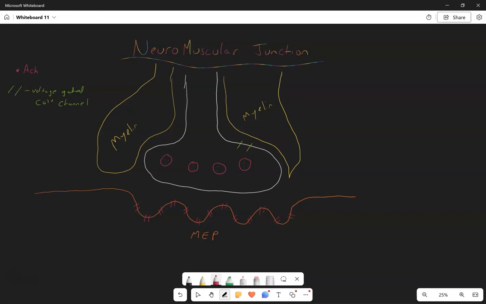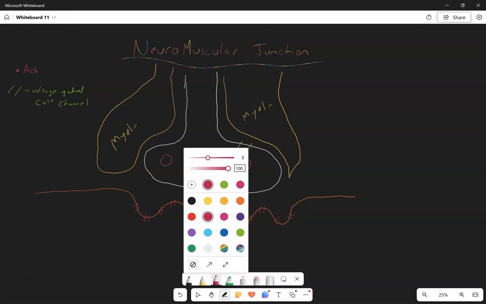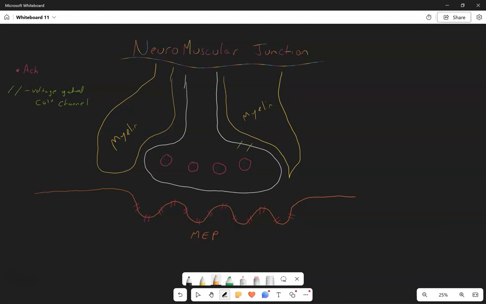Now, on the periphery of the motor end plate, over here, this ridge is known as Doyer's eminence. And on Doyer's eminence is where you are going to see some voltage-gated sodium channels.